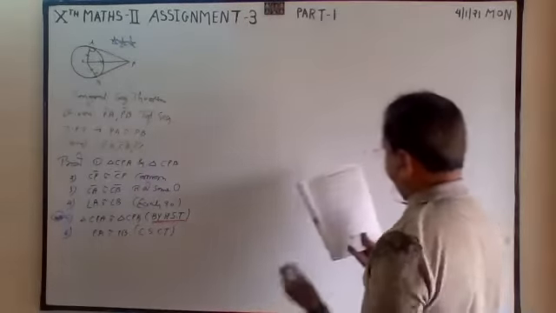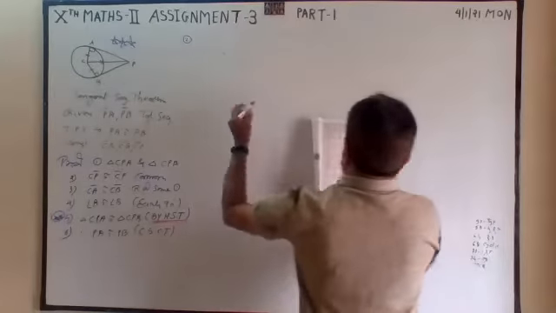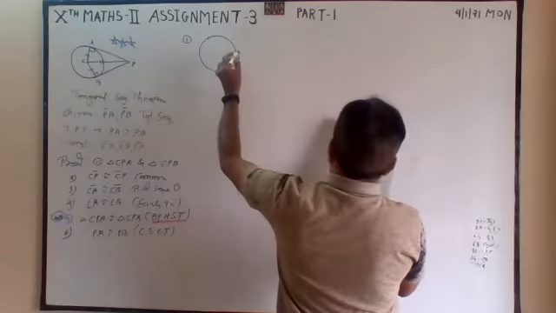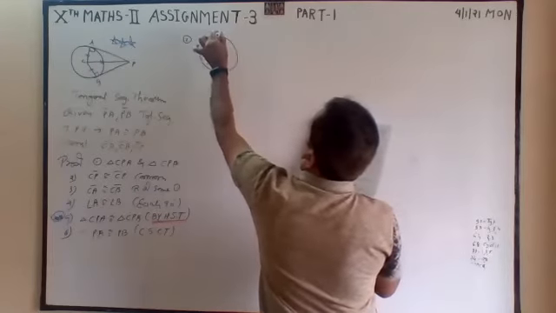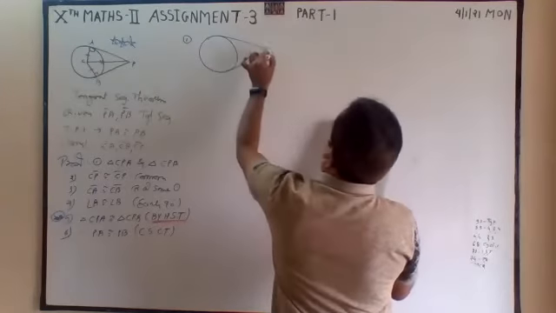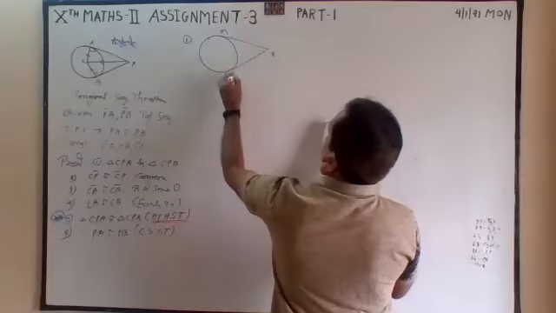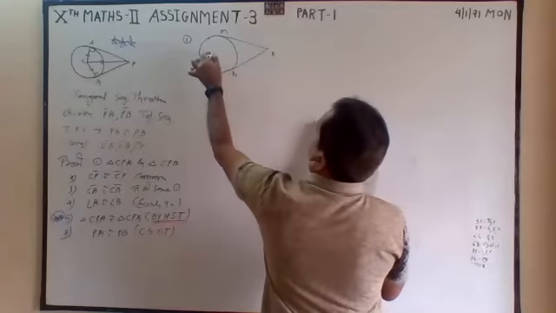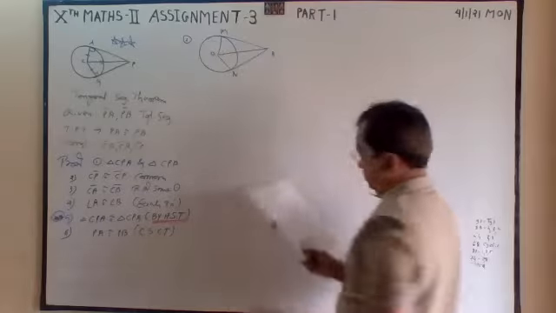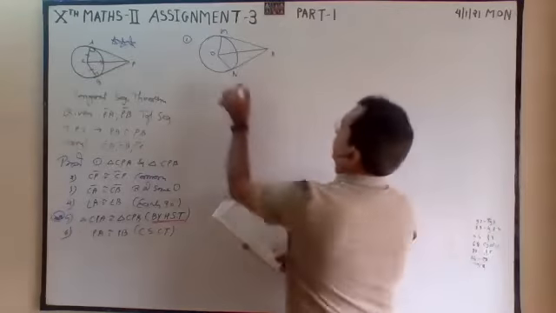Now page number 55, sum number 2. R M N. This is O. OR is equal to 10.